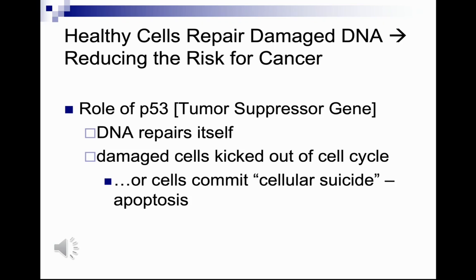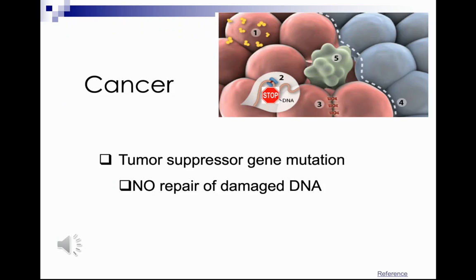When P53 mutates, damaged DNA is not repaired, damaged cells are not kicked out of the cell cycle, and damaged cells do not commit apoptosis. So let's summarize this again. Cancer.